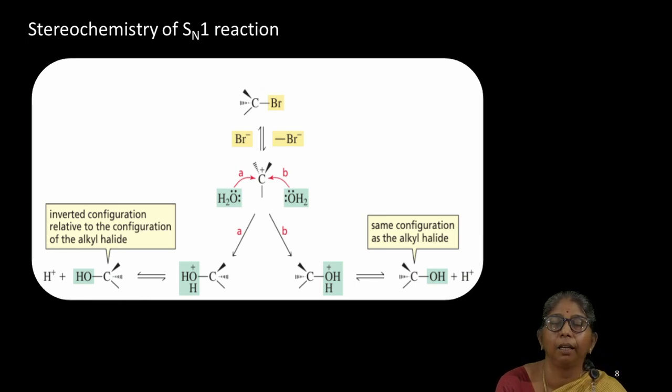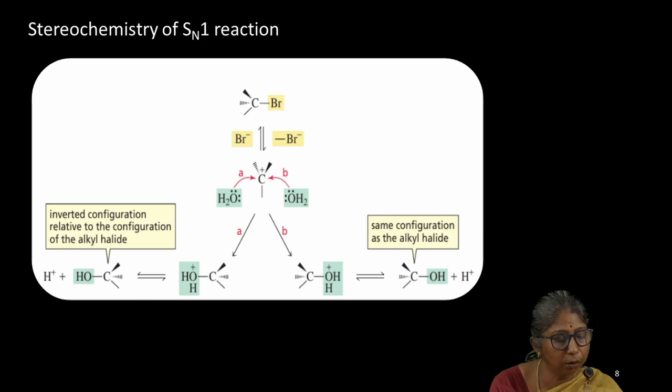If it is an optical isomer, we usually get a racemic mixture, or almost a racemic mixture, with some excess of inversion of configuration. If you are studying stereochemistry, you must remember that if a reaction follows the SN1 mechanism, you will get both inversion and retention of configuration. Both products are possible, but inversion of configuration will be higher.